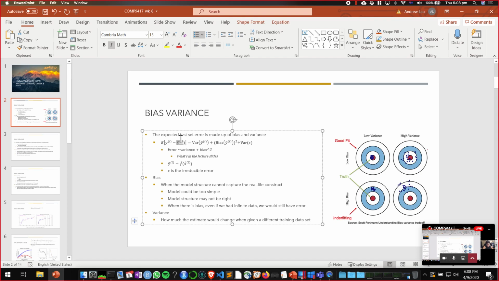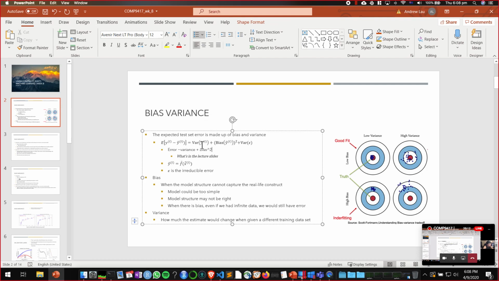The model we've built is estimating what the response or the target should be. And this is just the expected value, so you can think of it as the average. So this is the average difference between the target and our model. In other words, you can think of it as the error. The average difference between our target and the model, that's the error.